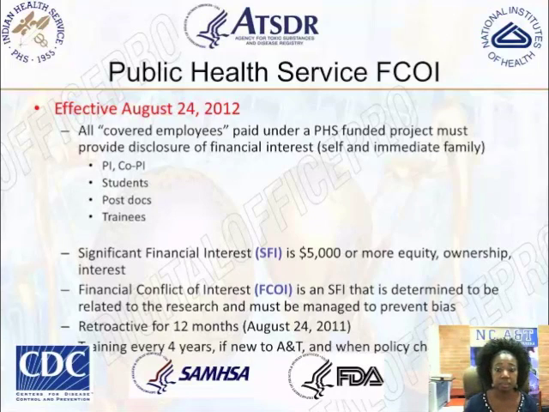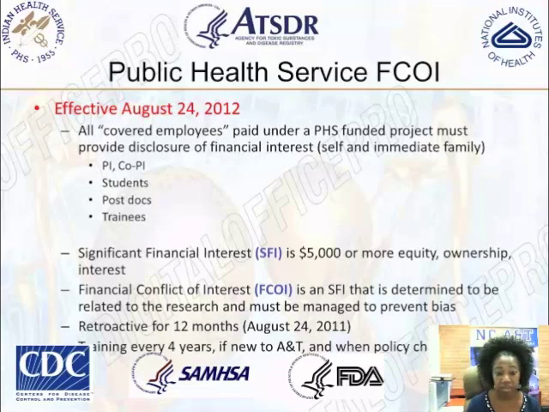Let's discuss public health service financial conflict of interest. This is a requirement by any public health service agency that any PI, co-PI, students, postdocs, or trainees disclose their financial interests. A significant financial interest is $5,000 or more in equity, ownership, or interest in an agency that is funding your research.